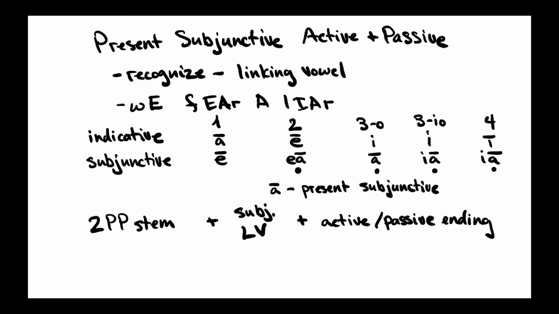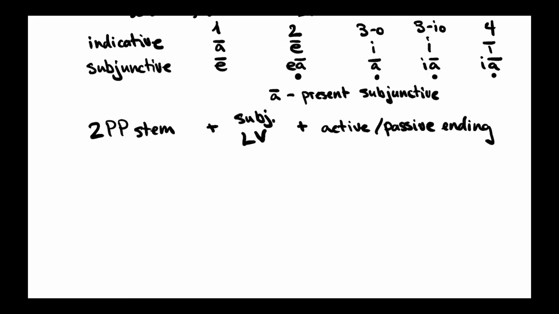So let's do a couple of examples here. We'll do a second conjugation verb, then we'll do a third IO. Okay, so let's take moneo, and we'll do it in the second person plural.